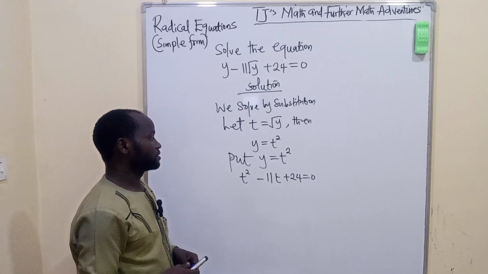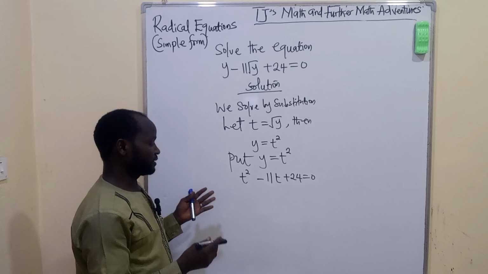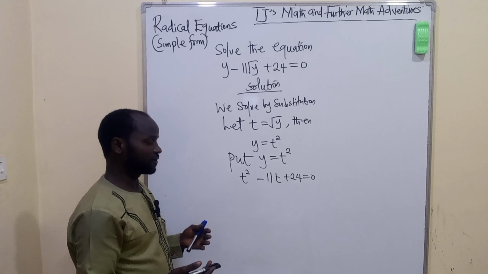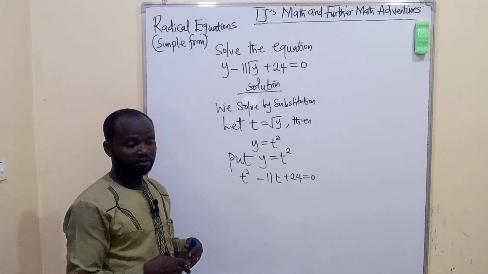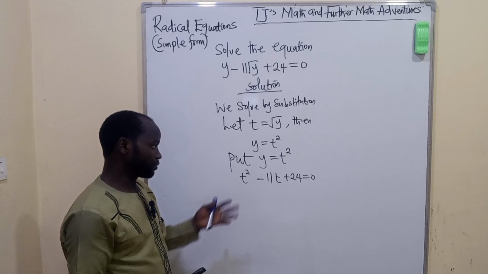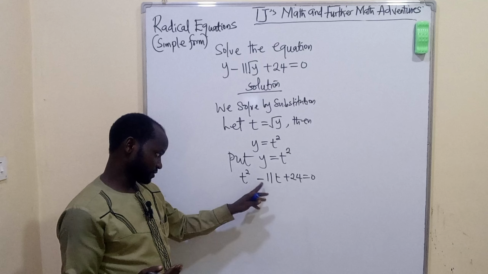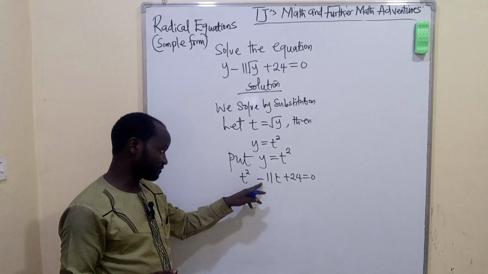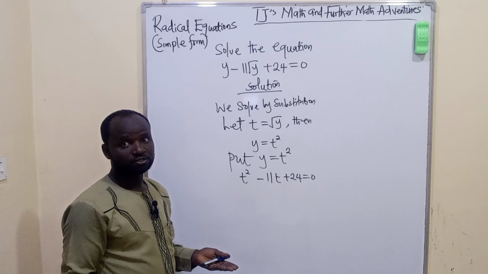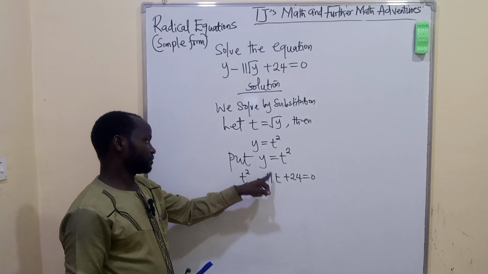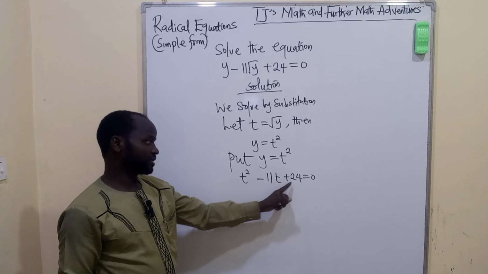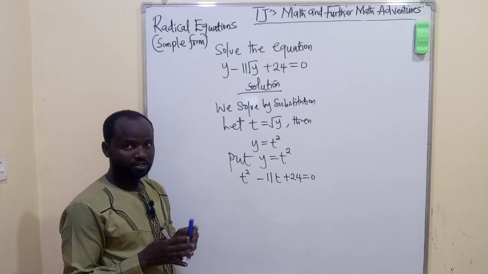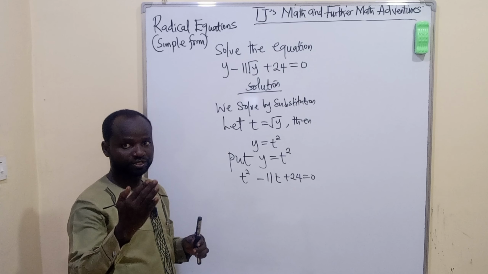We can list all the factors of 24. We have 8 and 3. We know that 8 plus 3 gives us 11, but what we have in the middle is minus, and when we multiply the first term by the last term we have positive. So it means the two factors have to be negative.